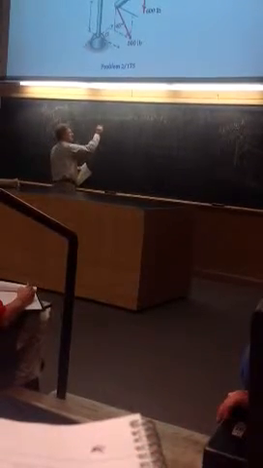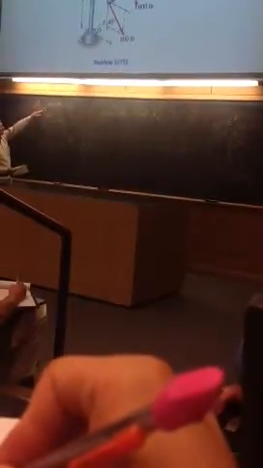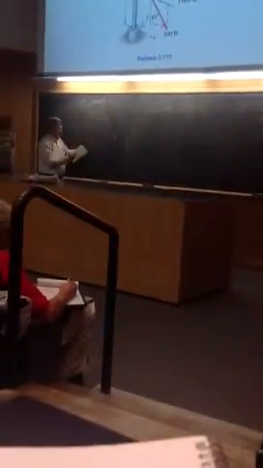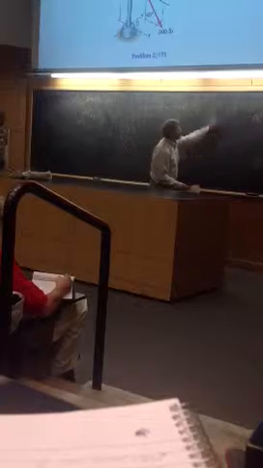I'll do the same thing with the y direction. The 400 is in the y, 600 has no y component, the 500 has no y component. So the only force in the y direction is this 400-pound force, and it points in the positive y direction. So that's going to be the y component of my equivalent force couple.